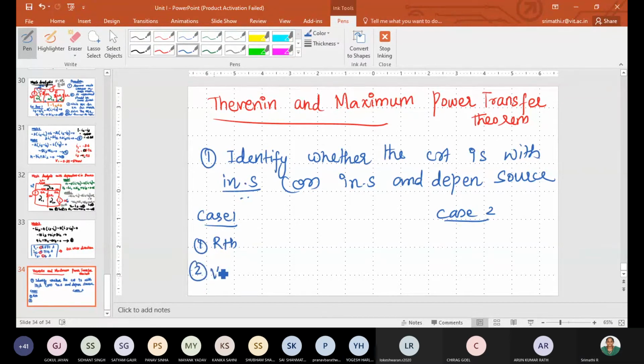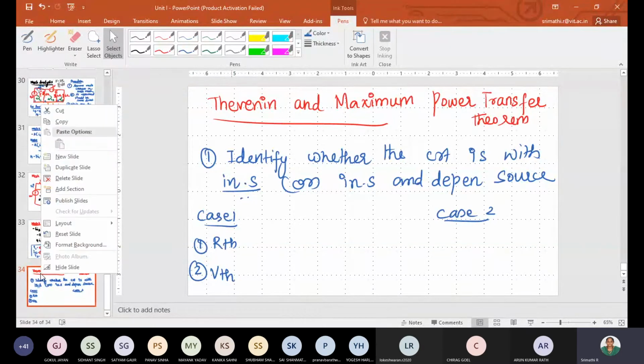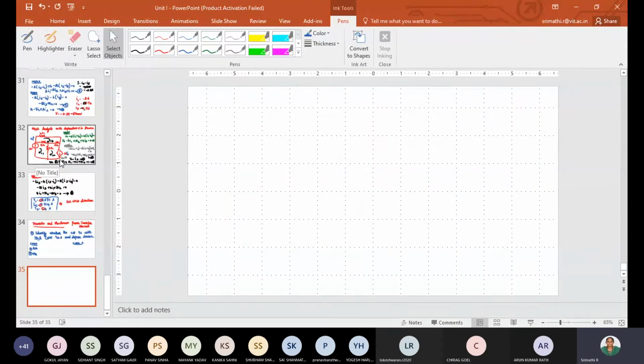Because we know the equivalent circuit, what is Thevenin's equivalent circuit? When we have multiple circuit elements, voltage sources, current sources and elements like R and C, and I need to find the current through a particular branch, excluding that, all other elements should be converted into a non-ideal voltage source. How do we represent a non-ideal voltage source? A voltage source in series with a resistance.